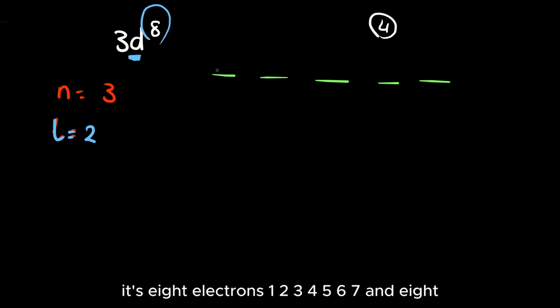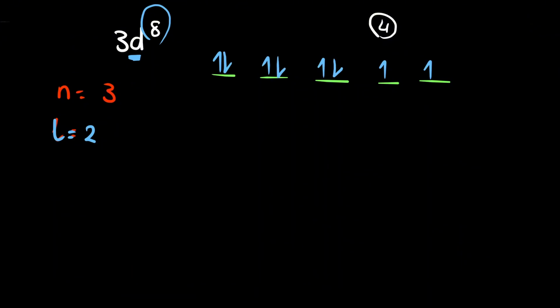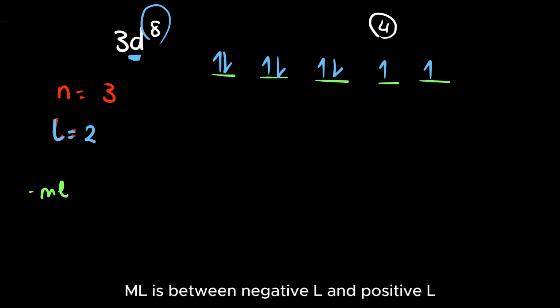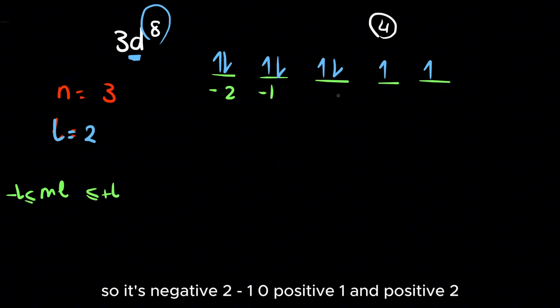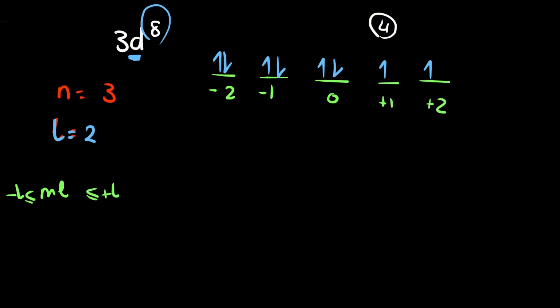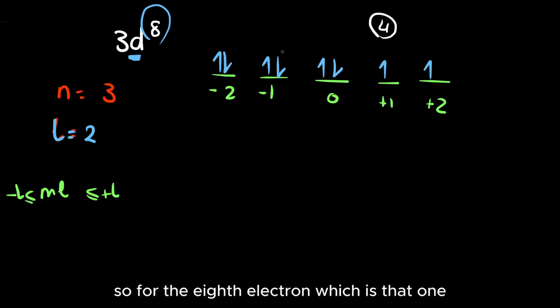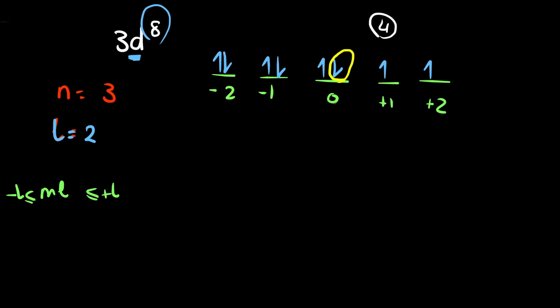It's 8 electrons: 1, 2, 3, 4, 5, 6, 7, and 8. And do you know that ML is between negative L and positive L? So it's negative 2, negative 1, 0, positive 1, and positive 2. So for the 8th electron, which is that one, the ML is 0.